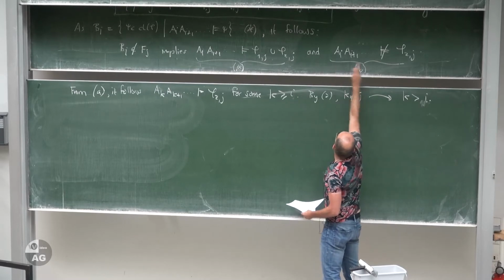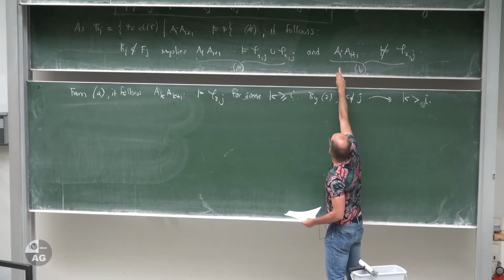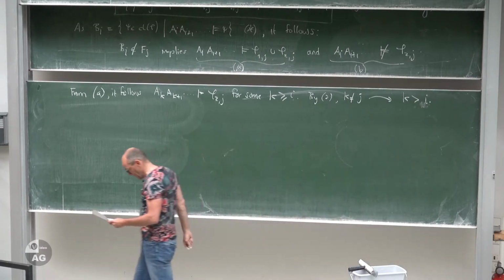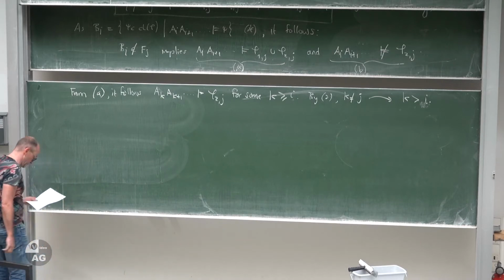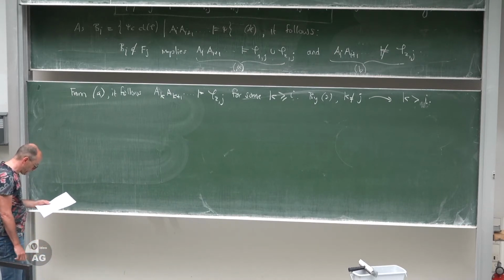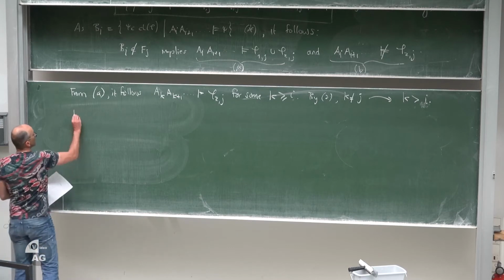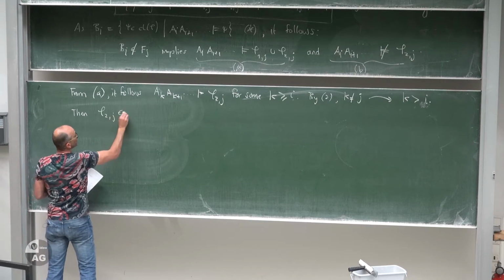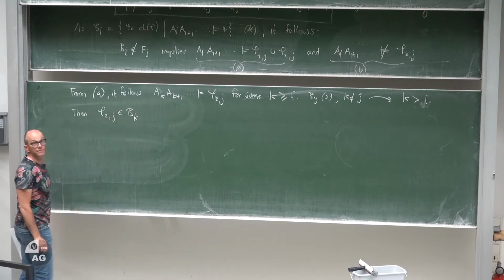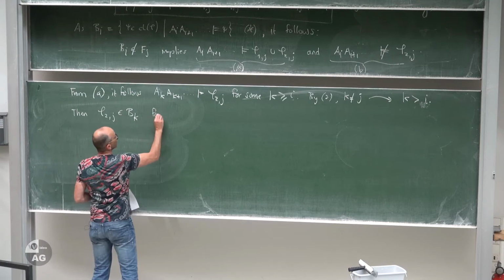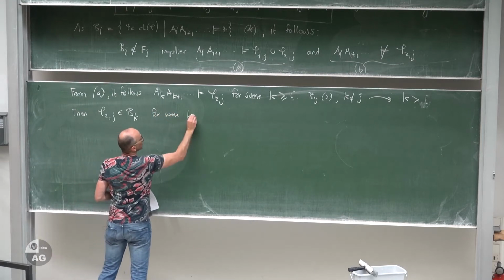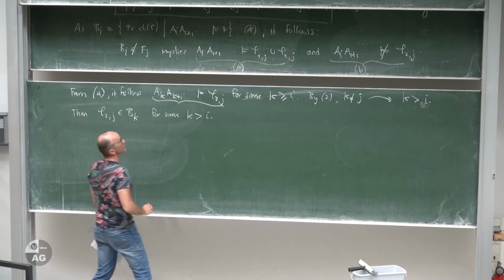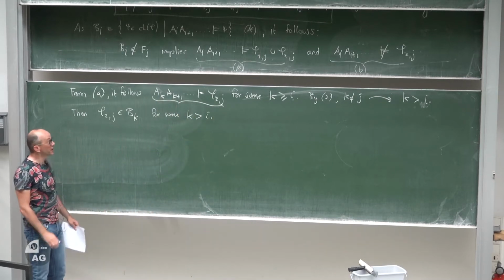This one says phi 2j is not satisfied by ai, so k is strictly larger than I. Good. Then phi 2j belongs to bk, for some k strictly larger than I, because of this and because of the definition of bk.